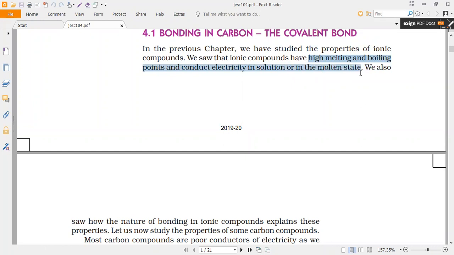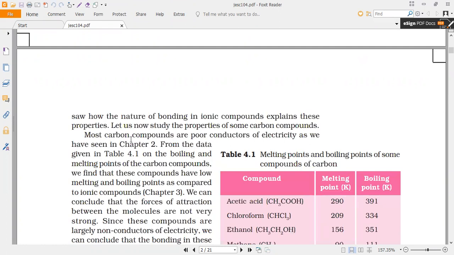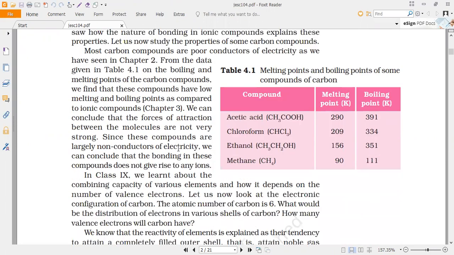But ionic compounds are also stronger, with high melting and boiling points. When it comes to carbon and its compounds, they will also show properties that we will study. I will teach all these properties.